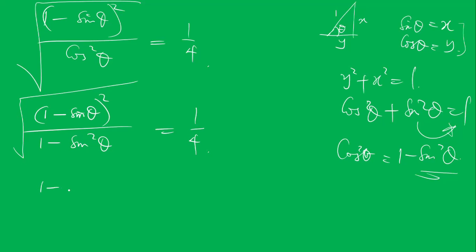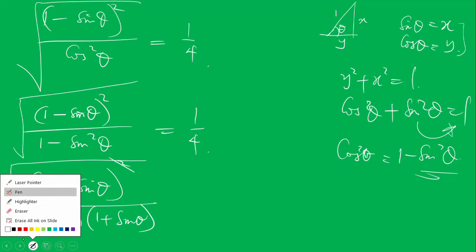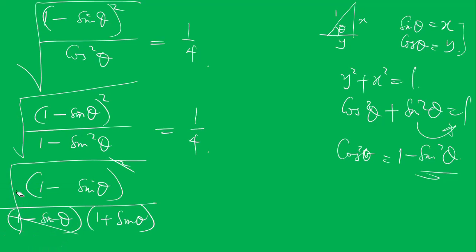Now this expression is just like what we did the other time. 1 minus sine squared theta is the same thing as saying 1 minus sine theta, bracket open, 1 plus sine theta. So when you check now, this will cancel out this. So let me put the square root sign.